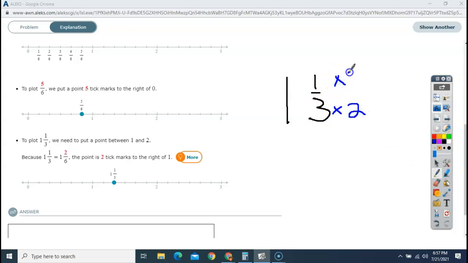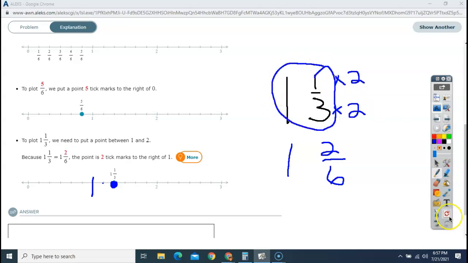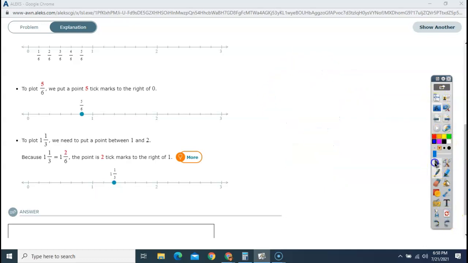I do that on the top and the bottom. So basically, I'm doubling my top and my bottom. And I go all the way to the 1, and I plot 1 times 2 is 2, 3 times 2 is 6. And I go 1, here's the 1, and then I go 1/6, 2/6, and that would be considered the equivalent of 1 1/3. Yay. All right.